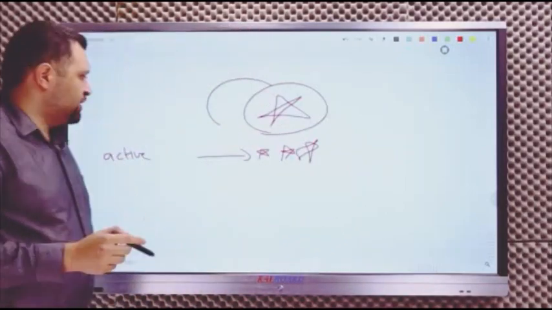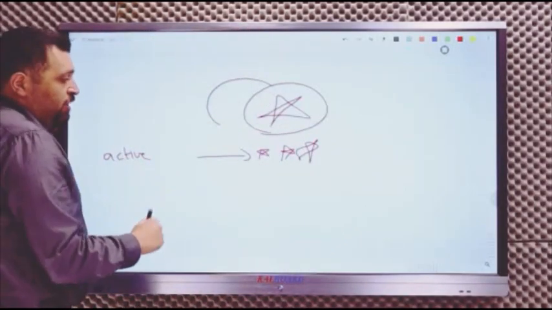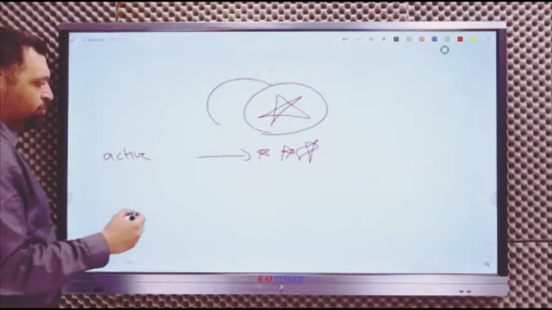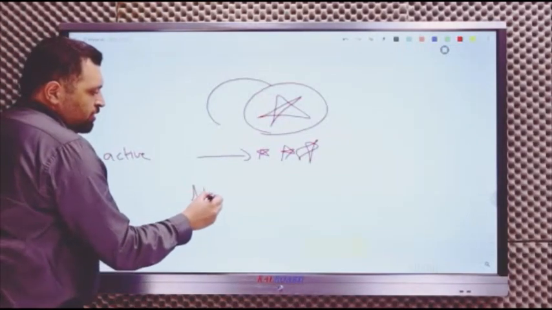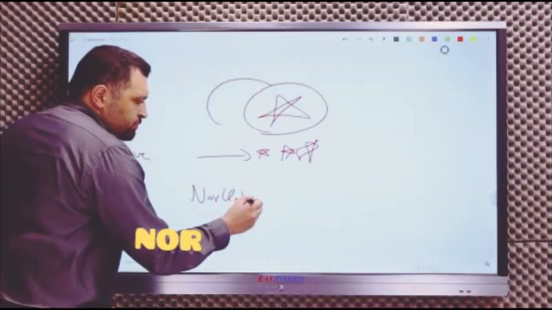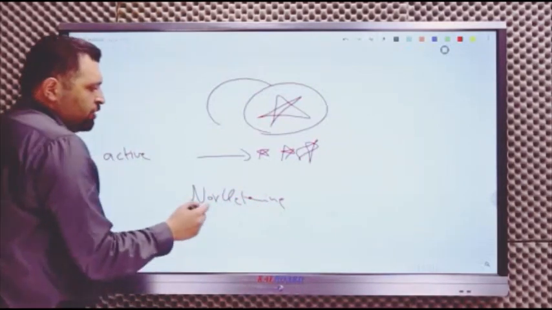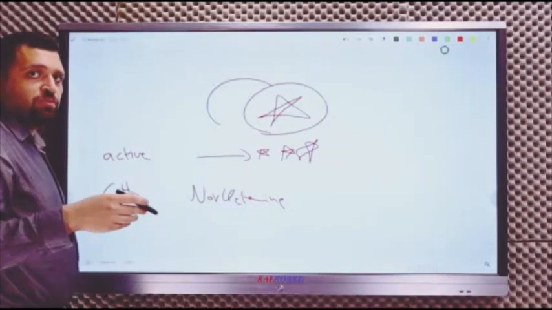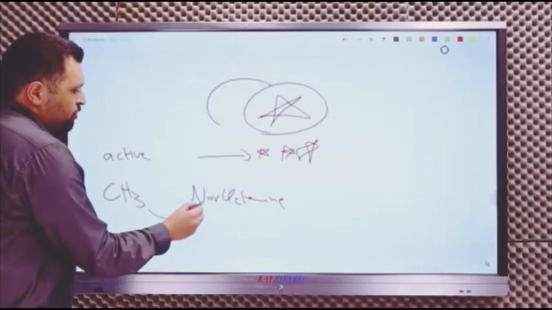So which of our drugs today has active metabolites? There are 2, ketamine and thiopental. We have norketamine, in which we remove CH3 from ketamine. If you remove CH3 from anything, it will become nor.